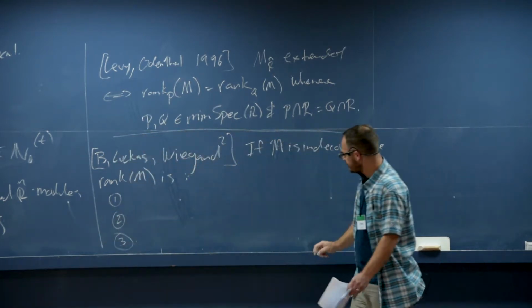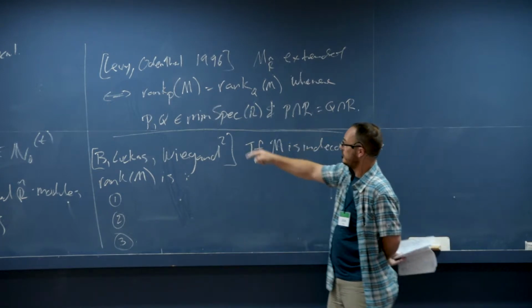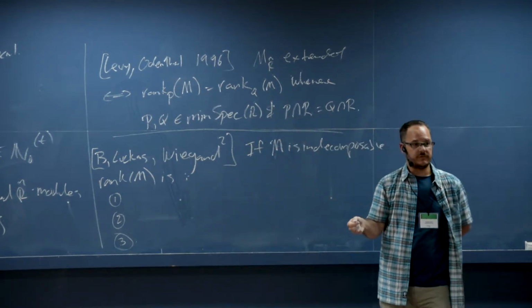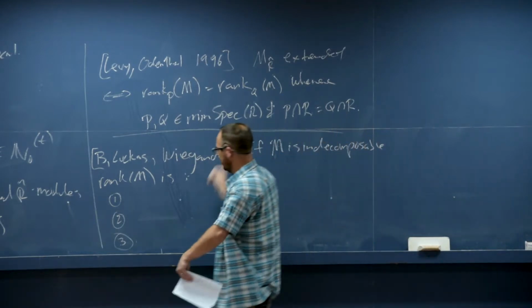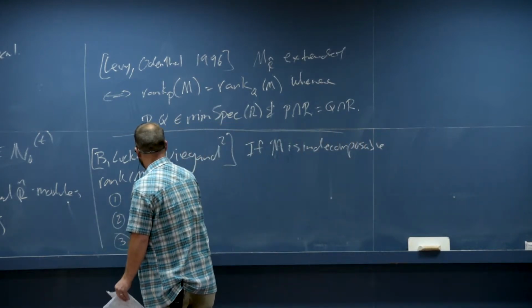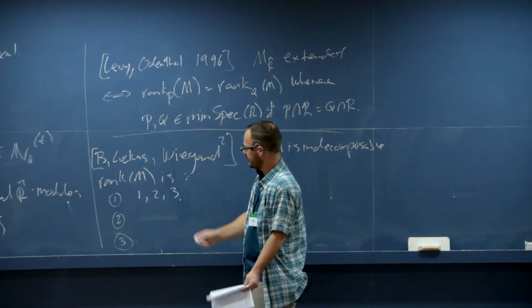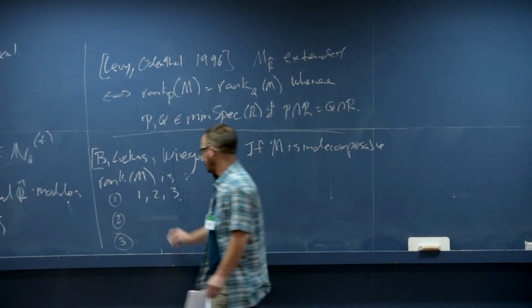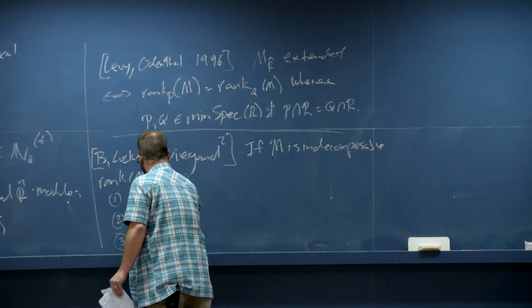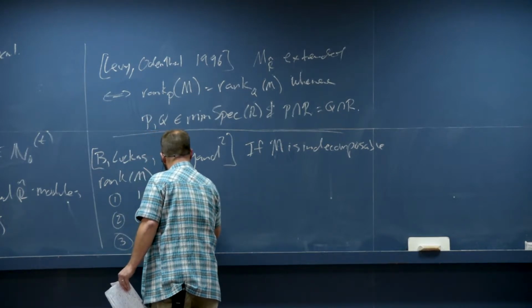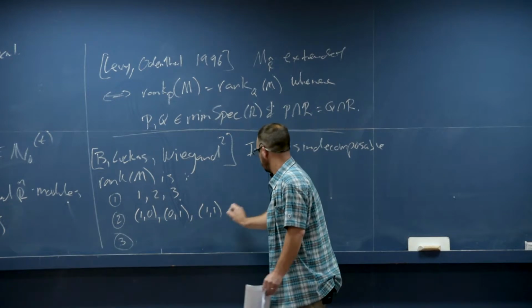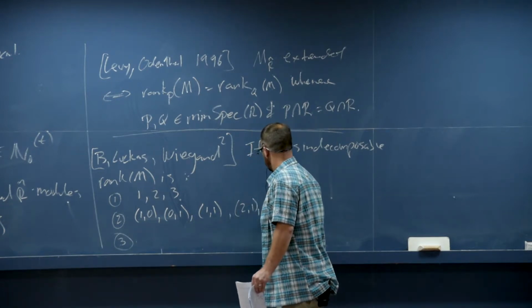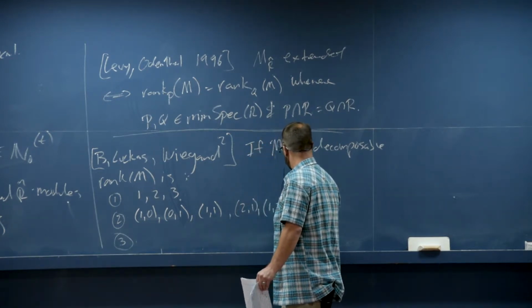So it turns out that if you have one of these one-dimensional rings with finite representation type, then you have at most 3 minimal primes. So the ranks are either 1, 2, or 3, if you have a domain. And the ranks are these trivial ranks, so zeros and ones, if you have 2 minimal primes, or you can have (2,1), (1,2), or (2,2).